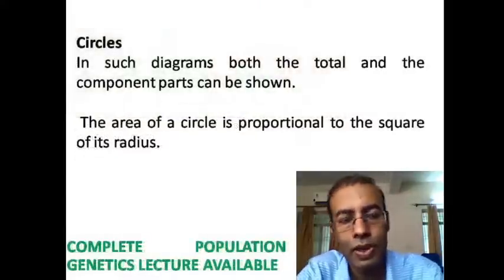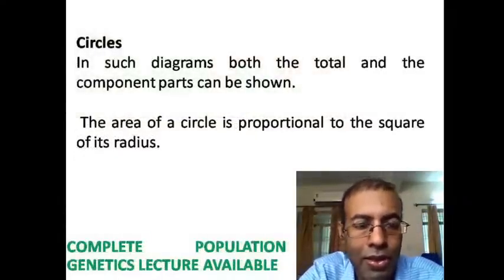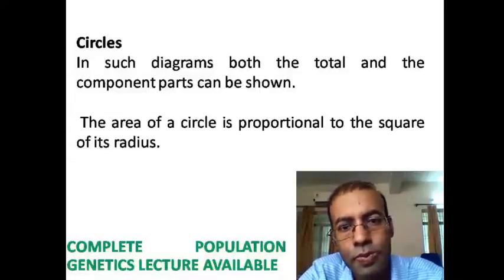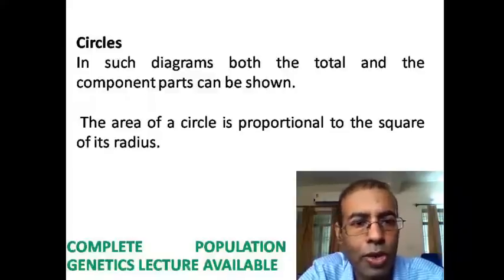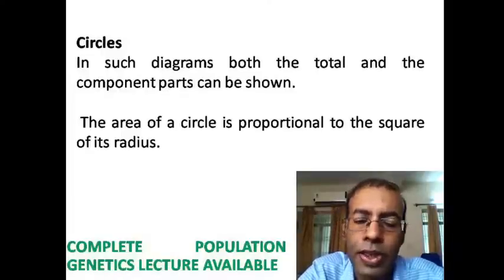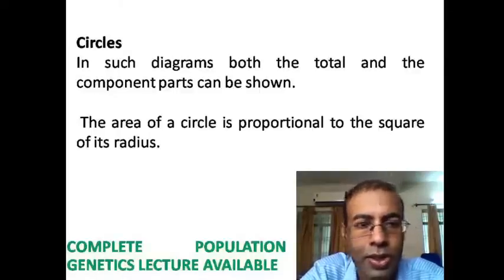Now we will come to the second type of two-dimensional diagram. It's the circle diagram. In circle diagrams, both the total and the component parts can be shown. The area of the circle is proportional to the square of the radius. It's obvious, we know that the area of the circle is proportional to the square of the radius.